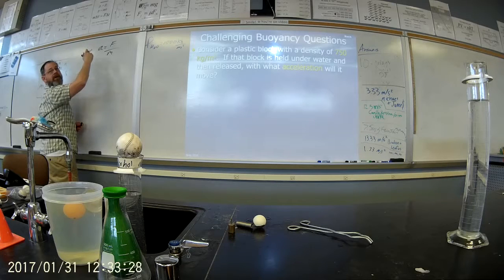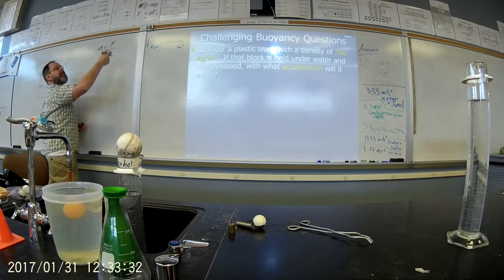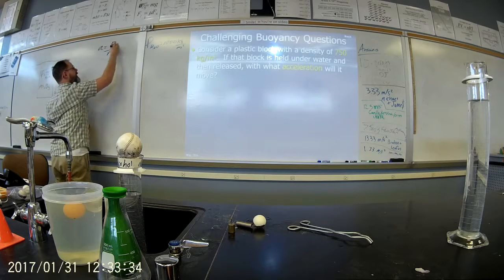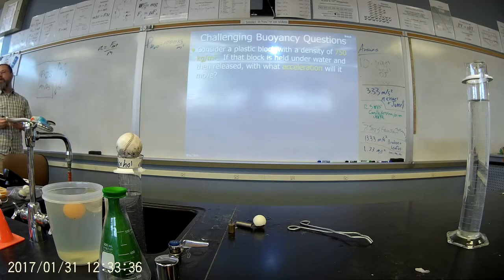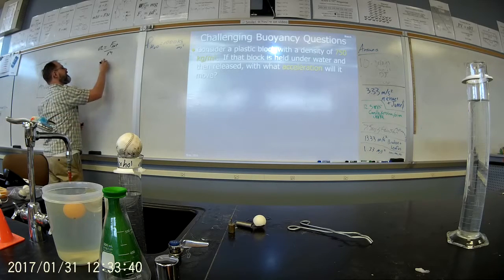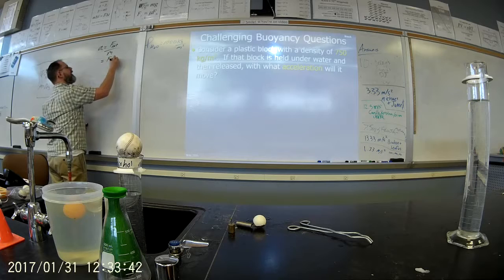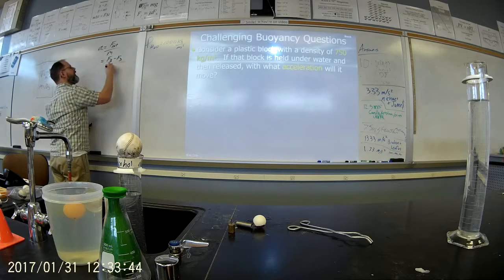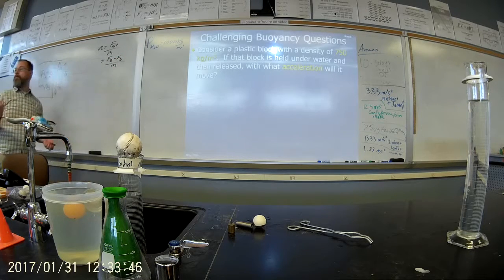F net. So the acceleration is the F net over the mass. And we know the F net is going to be the force of buoyancy minus the force of weight, over the m. So far, so good?